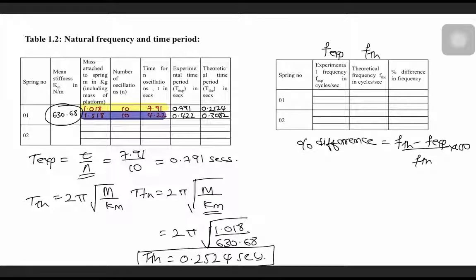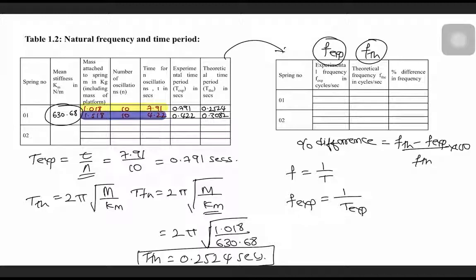Okay, now for spring number 1, continuing, we have to calculate the experimental frequency and the theoretical frequency. How will you calculate the experimental frequency? F is nothing but the reciprocal of the time period. So if you want the experimental frequency, you have to take the reciprocal of the experimental time period. If you want the theoretical frequency, you need to reciprocate the theoretical time period.